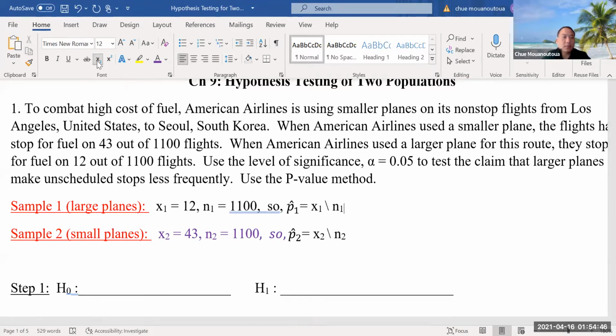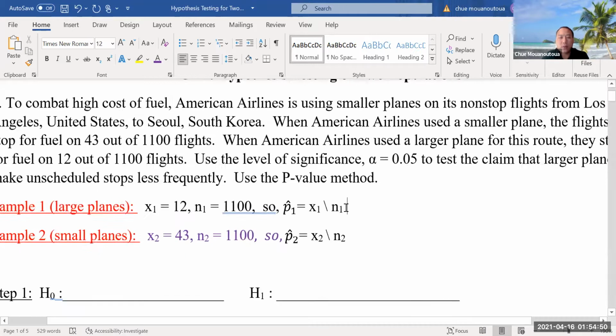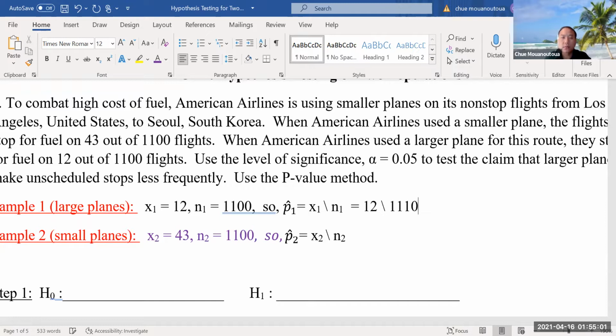So for this, let's go back to p hat 1. We're going to put 12 out of n, which is 1100. If we do the math, I should get 12 divided by 1100.